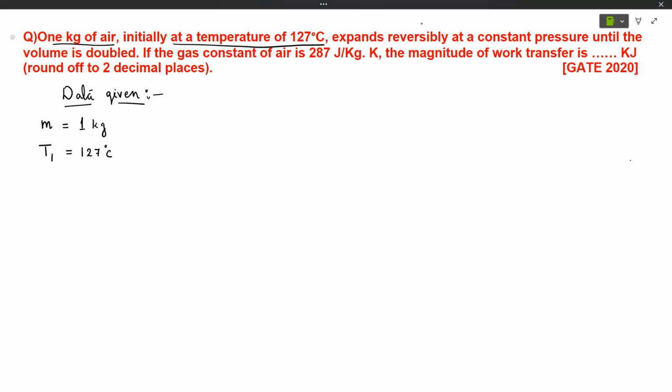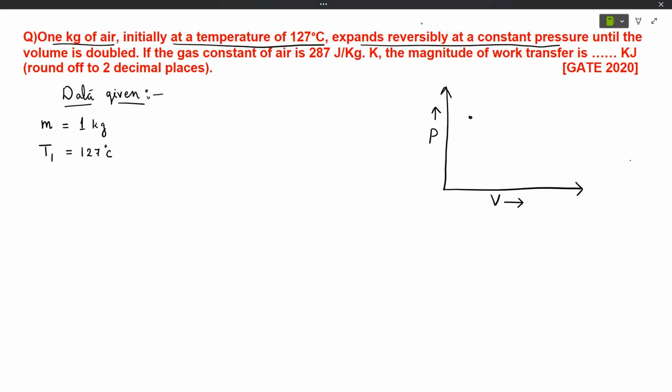In this question it is mentioned that the air expands reversibly at a constant pressure. So let's understand this with a coordinate diagram, let's say a PV diagram. Here we consider pressure along the y-axis and volume along the x-axis.